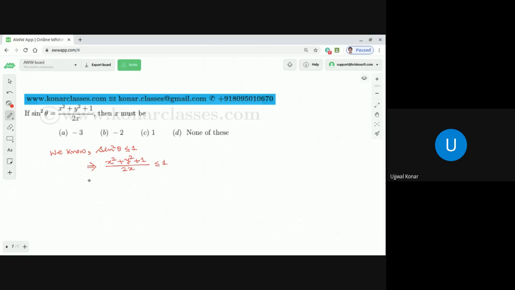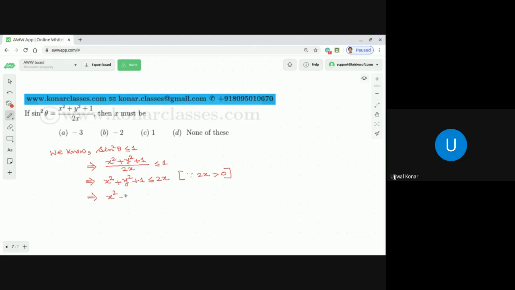So x is positive. So if you multiply both sides by 2x of this inequality, the inequality remains same. That means what we get, x square plus y square plus 1 is less than equal to 2x. Because we can write since 2x is greater than 0. So from here what we can get, dear students?